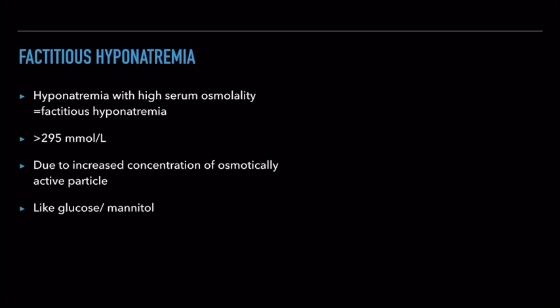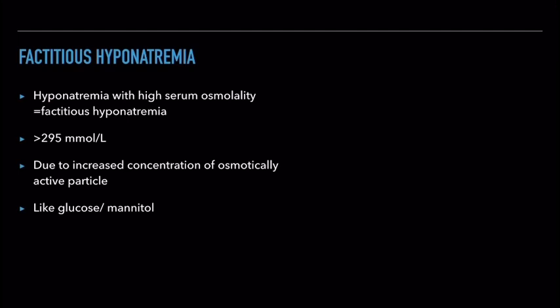True means hyponatremia with the serum osmolality less than 285. This false hyponatremia is again divided into factitious hyponatremia and pseudohyponatremia. What is meant by factitious hyponatremia? When hyponatremia is associated with high serum osmolality, that means more than 295 milliosmol per liter, this is called factitious hyponatremia. Actually, it is due to increased concentration of osmotically active particles in serum, like glucose in the absence of insulin and mannitol administration.